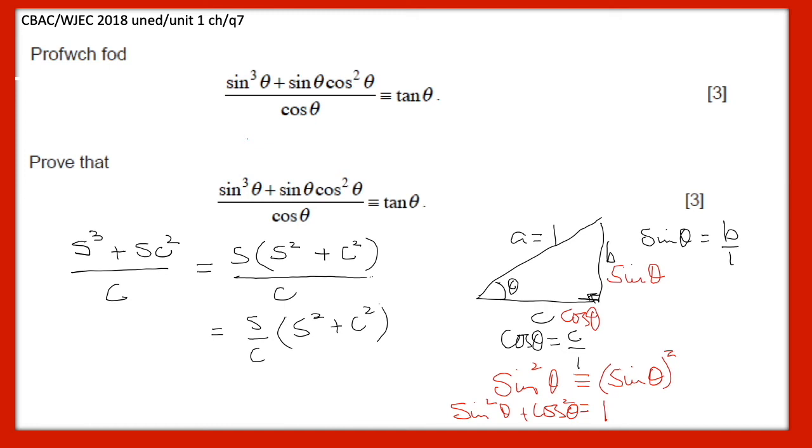So what I can do now is go, hang on, I've got s over c times 1, and 1 being the multiplicative identity means that that's just s over c. I'm going to shift on to my page now, and so what I've got from my left hand side comes back as just being s over c.